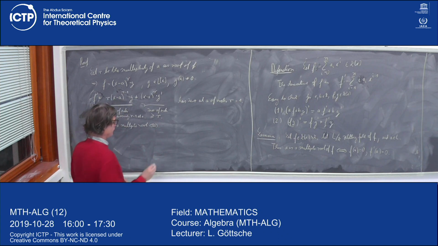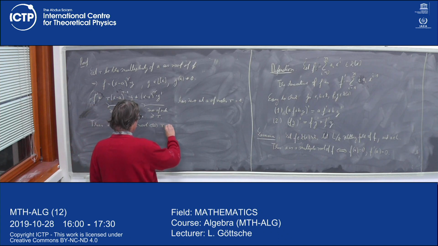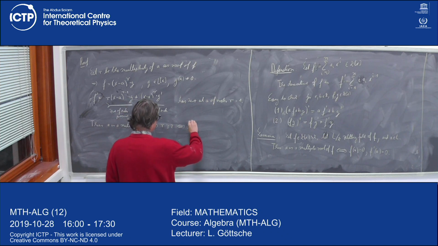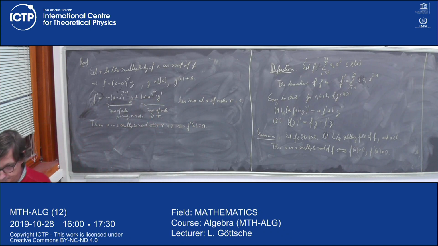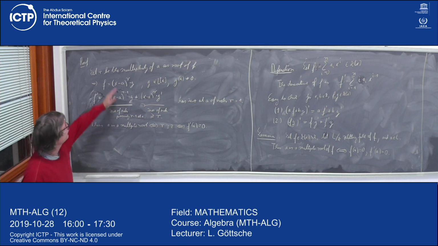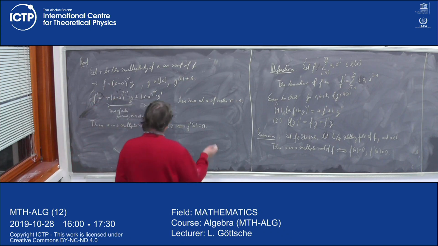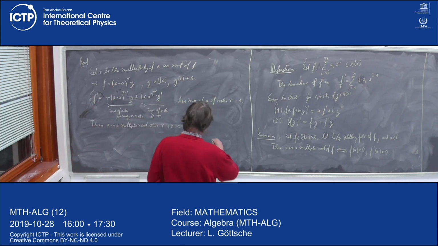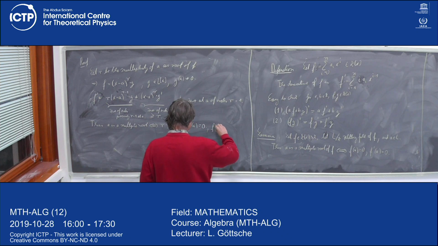So this is obviously the case r bigger or equal to 2, which is if f prime of A is equal to 0. And f of A is equal to 0? Yeah, but here I had implicitly assumed that was 0.